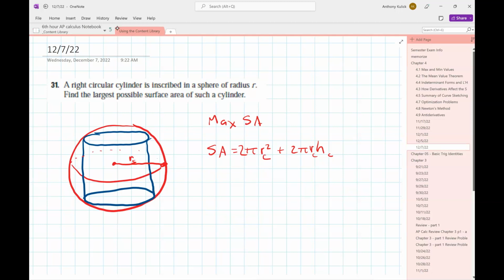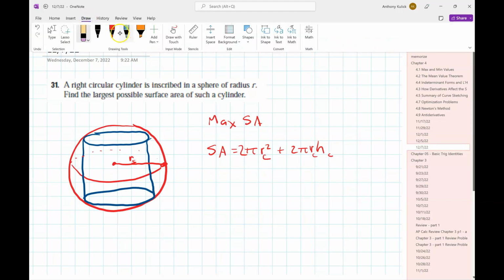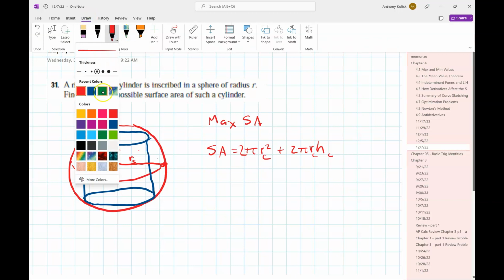Okay. So what I want to do is find a way to rewrite this now in terms of a single variable, right? So this is going to be the trick here. Let's use a different color here. So I'm going to make myself a right triangle.